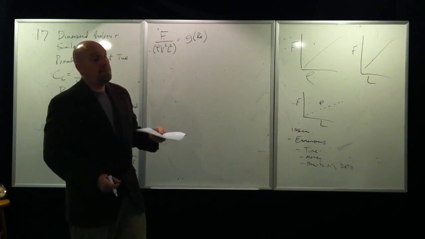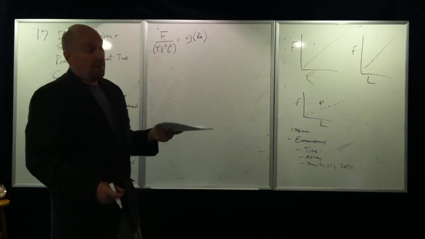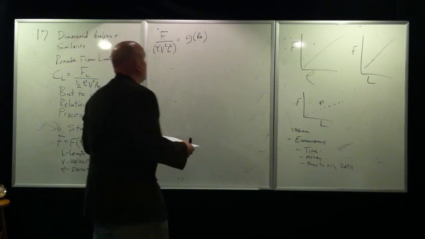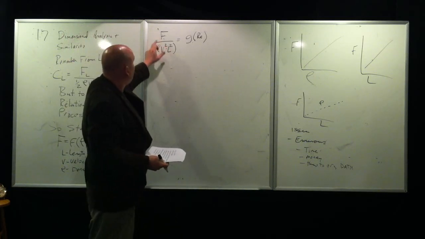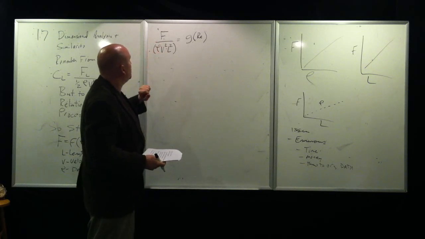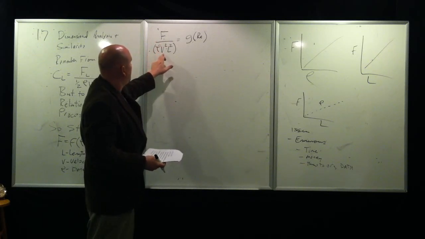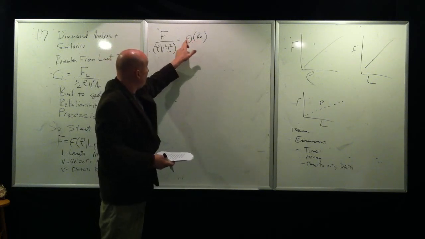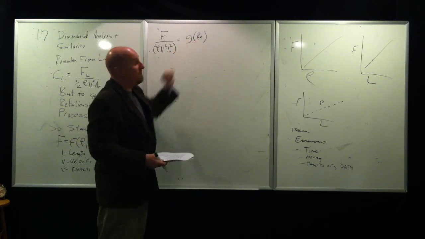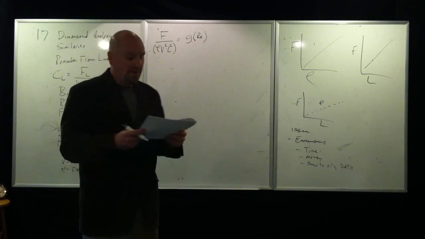Again, that could be a wing, an airplane, or a submarine in a different liquid. Anything that is going to be moving in a fluid, the force that's on it divided by this density, velocity squared, length squared, can collapse all of the functional results as a function of simply Reynolds number.